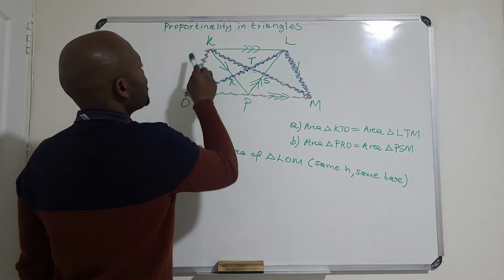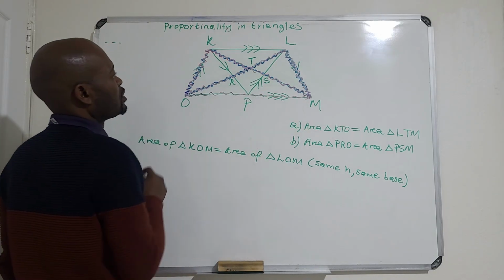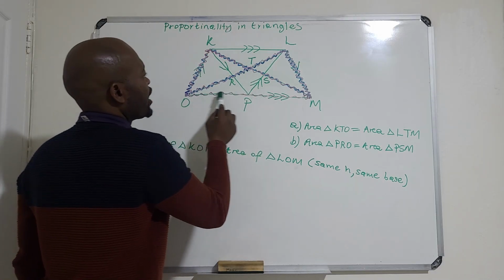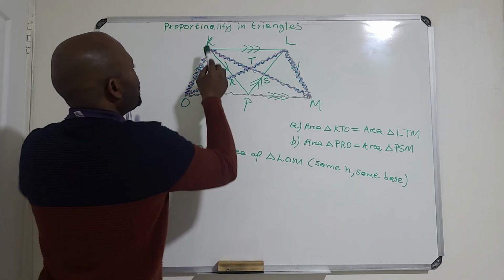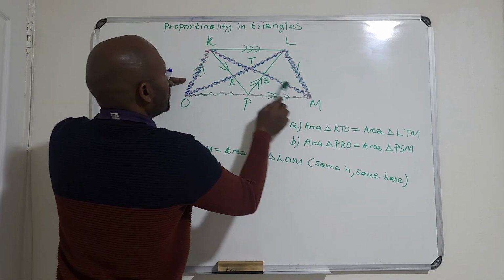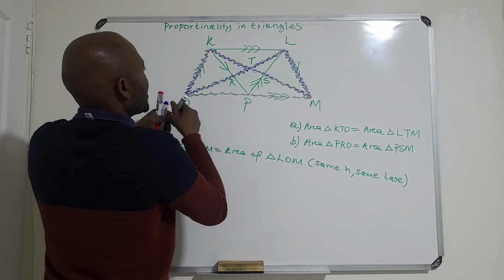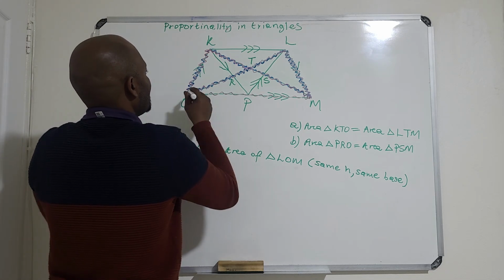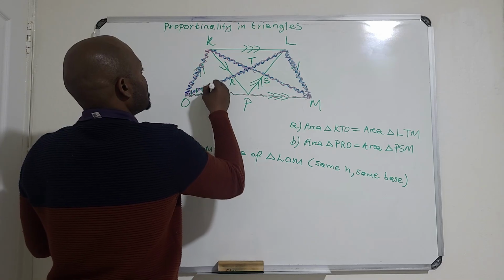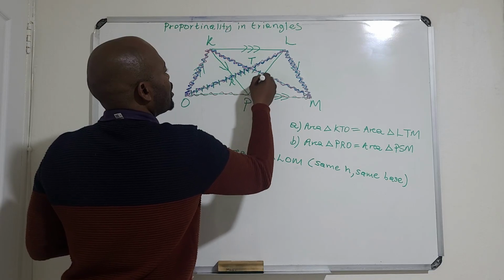Now, since this triangle is equal to this triangle, if I subtract this triangle from this triangle, you can see this triangle minus this triangle, this one here. I'm just going to highlight it.